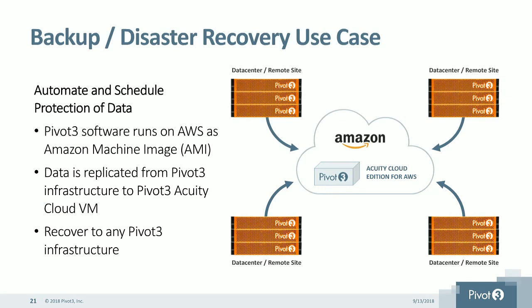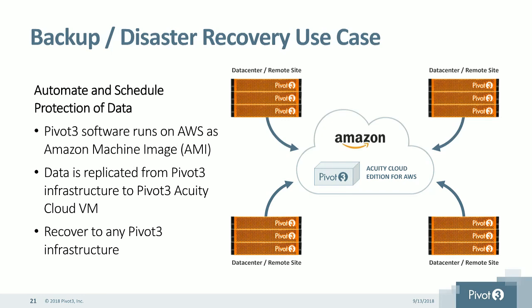The first one, around backup and DR, is a solution that works right within our software stack. The software is called Acuity, and we have an Acuity Cloud Edition that runs as an Amazon machine image.